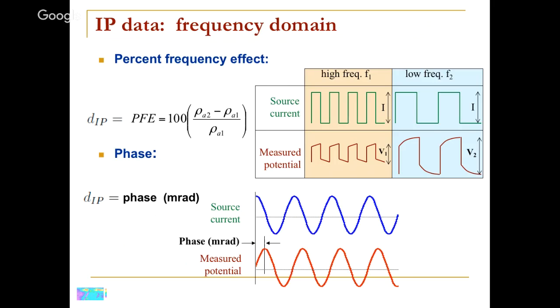And the final datum that we have is something called a percent frequency effect. What that does is it works with a current that has kind of a fast switching. So if I take a current source and make it positive and then negative, positive, negative, but I do it at a very small time scale, then the moment I turn this on, that overvoltage is going to start to build up.